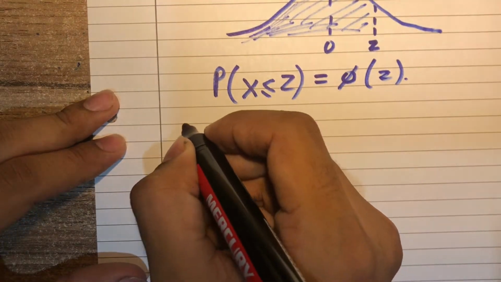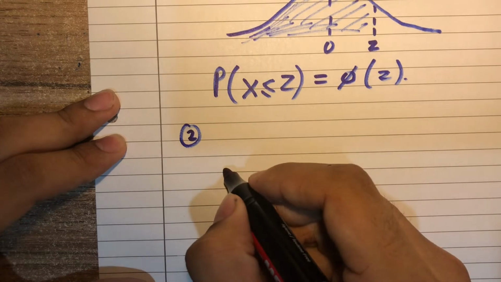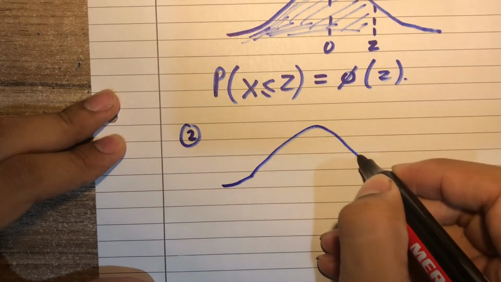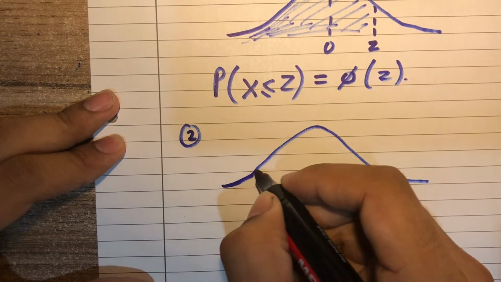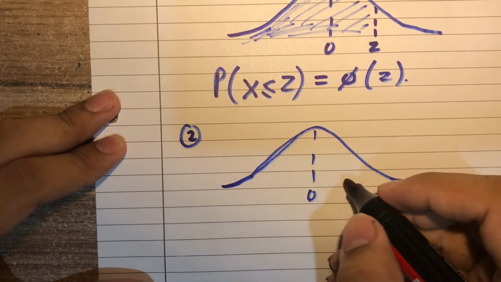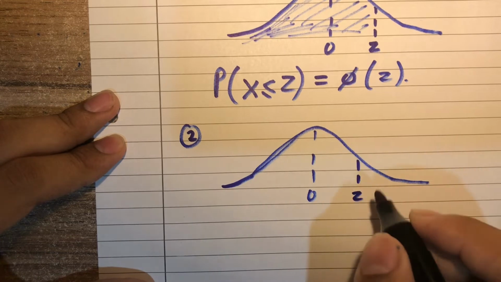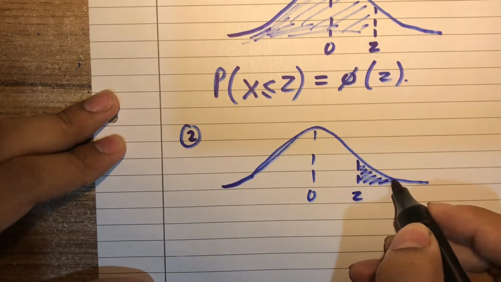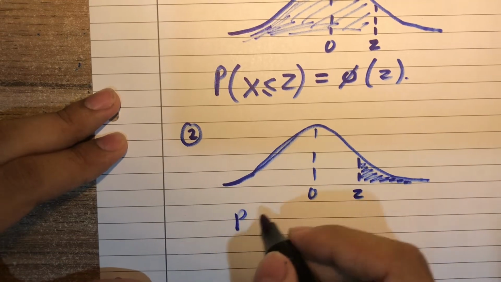The second case is if again we have the same standard normal distribution curve. This is the 0 mean and this is z. Now we have to find the probability of X greater than or equal to z.